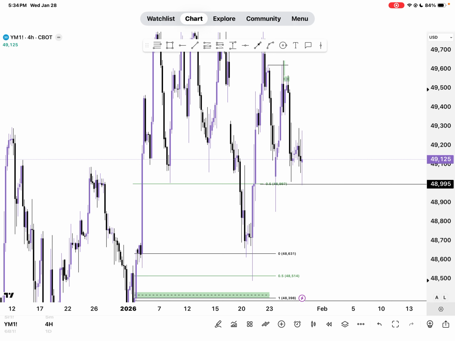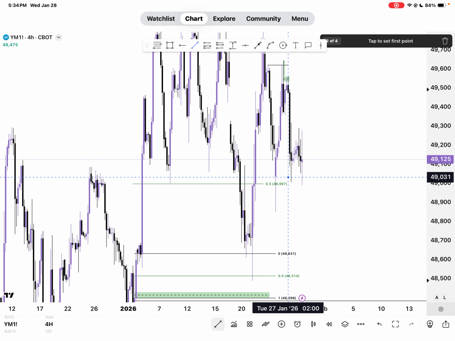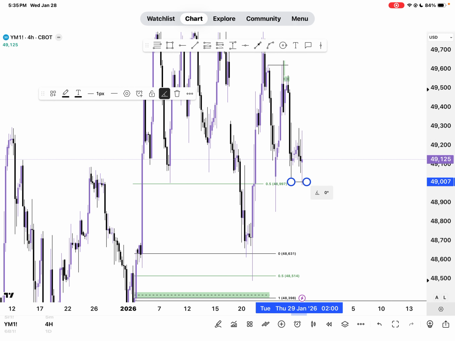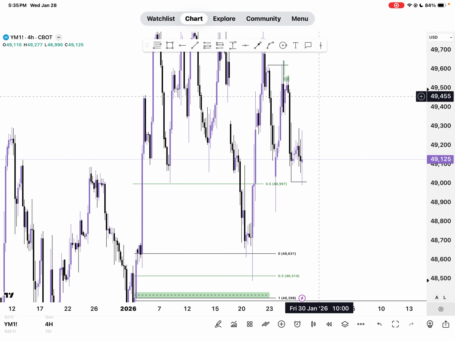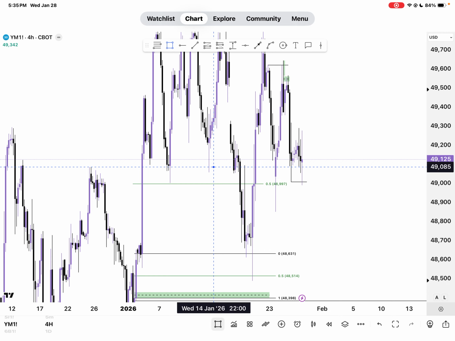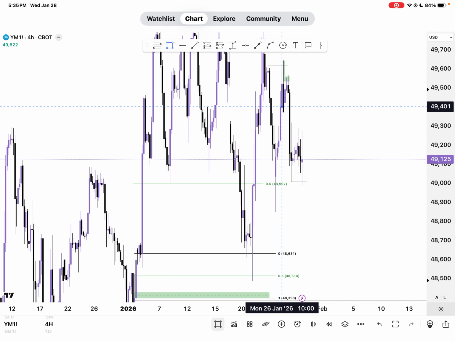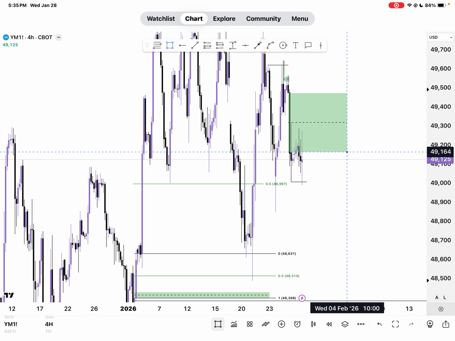But upon mitigating the discount, what you can also see is that we do have an internal liquidity point here, and as of right now, this is looking like a potential draw on liquidity. And if this is a potential draw on liquidity, that means price will press higher. And if it presses higher, it's going to either reach for a liquidity point, or I also see price looking to mitigate this price gap here that exists.